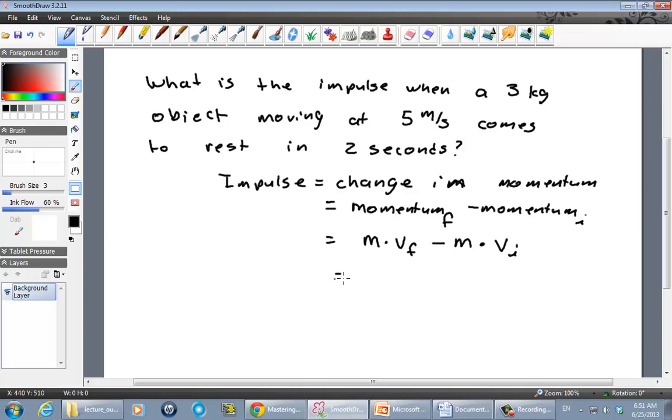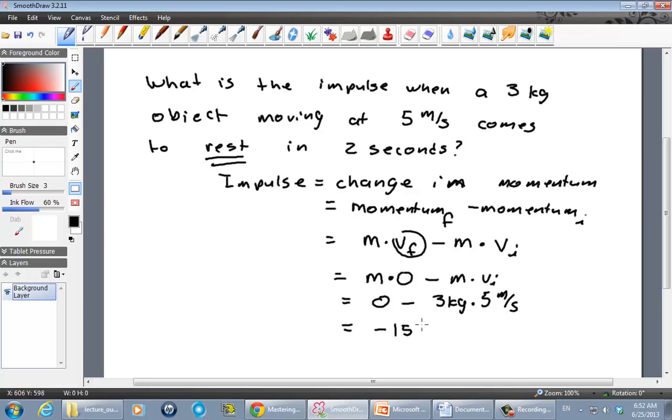So it's coming to rest, so the final velocity is 0. So mass times 0 minus mass times its initial velocity. Mass times 0 is 0. The mass here is 3 kilograms. Its initial velocity is 5 meters per second. And so that gives us an impulse of minus 15 kilogram meters per second.